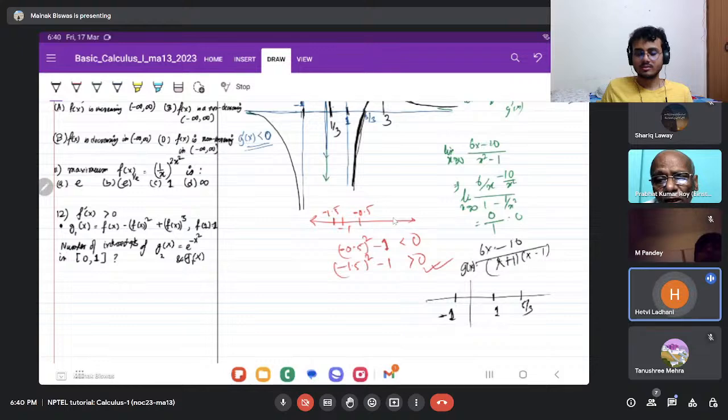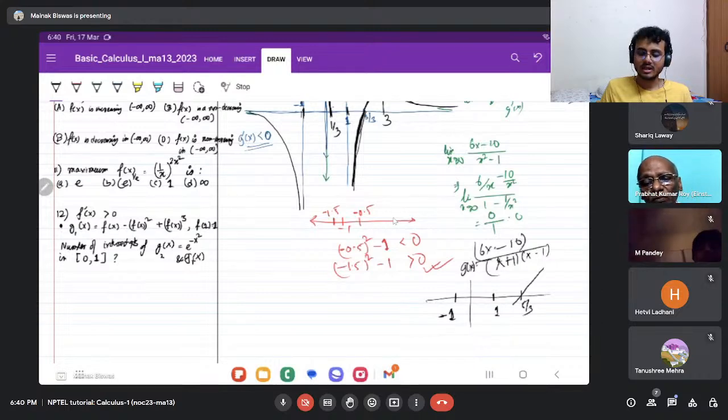Positive, correct. So what did I explain in the first class? Whenever you have odd powers, the function changes sign at a root or a pole. We had seen why it happens. Similarly at 1, you have an odd power, so it will change sign again. Understood? This is the sign function of g of x.